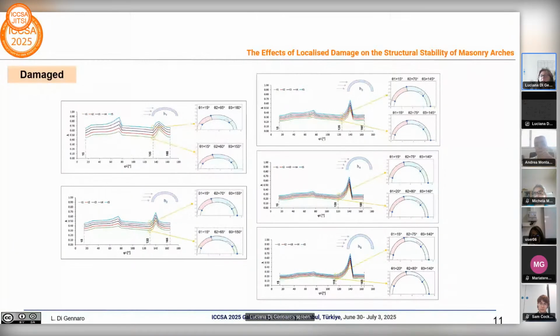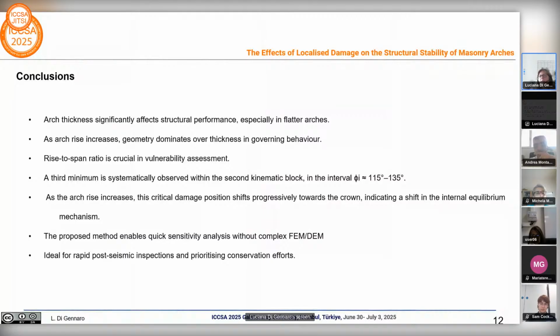So, in conclusion, the analysis demonstrated that the arch thickness surely plays a crucial role, especially in flatter arches, as it directly affects their ability to resist horizontal loads, as for the undamaged condition, clearly.